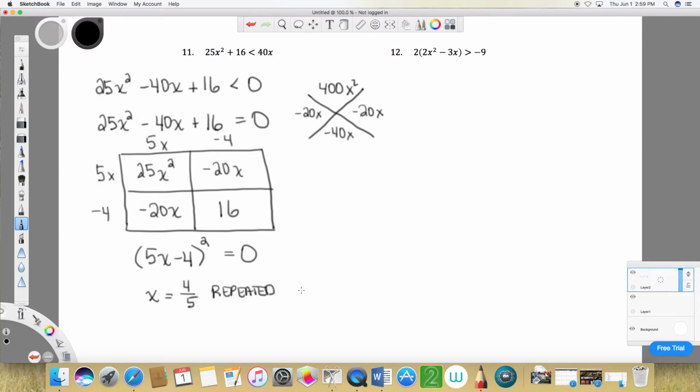So this is kind of a rare situation in these quadratic inequalities.